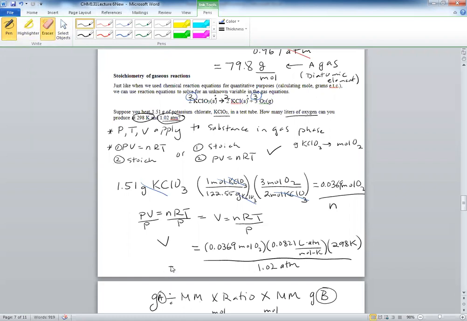So if we solve for V, it would be multiplying across, then dividing by what's on the bottom.